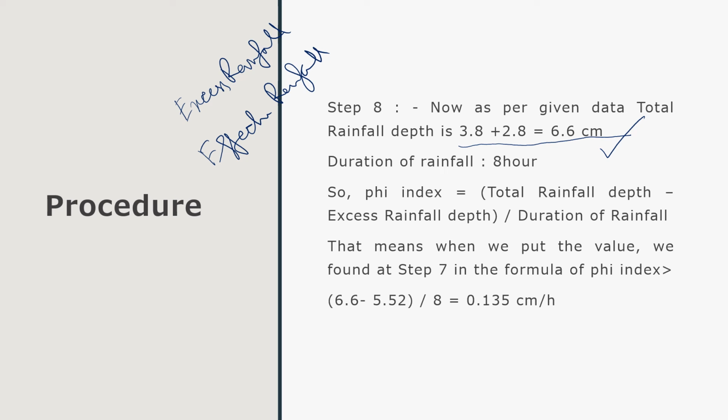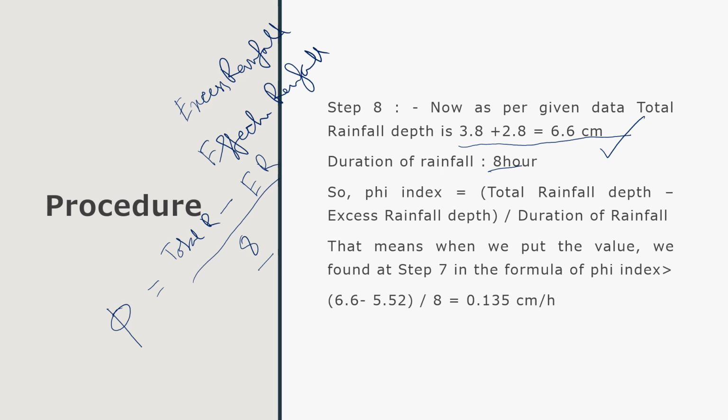So because phi index is given by the formula total rainfall minus excess rainfall or effective rainfall depth divided by duration of the rainfall, which we have already known from the given data, 8. Because we have said each of the storm has been consistent up to 4 hours or existed up to 4 hours. So 4 plus 4, 8 hours. So the denominator is known, 8 hours.